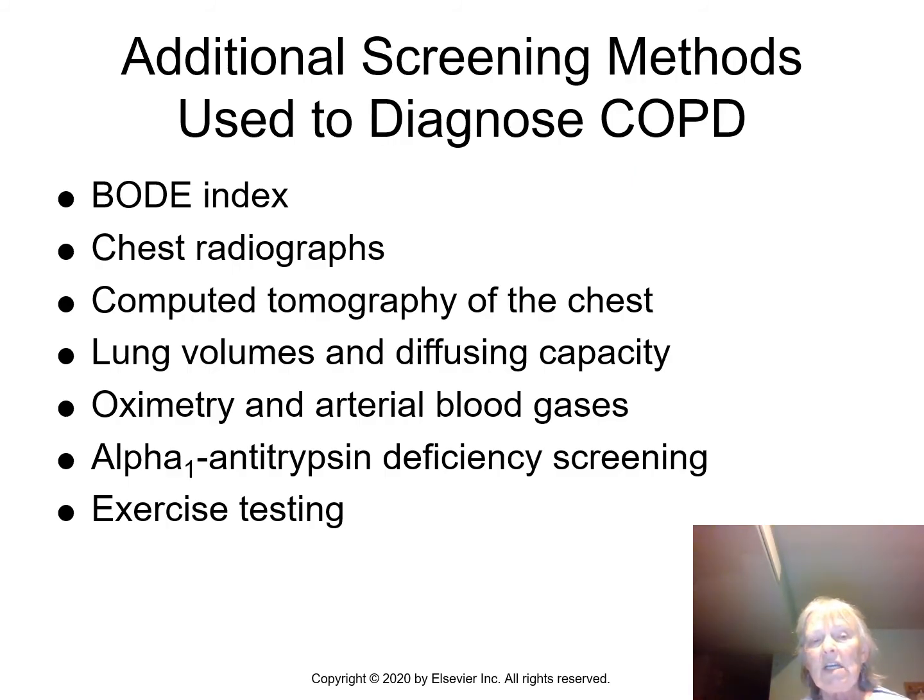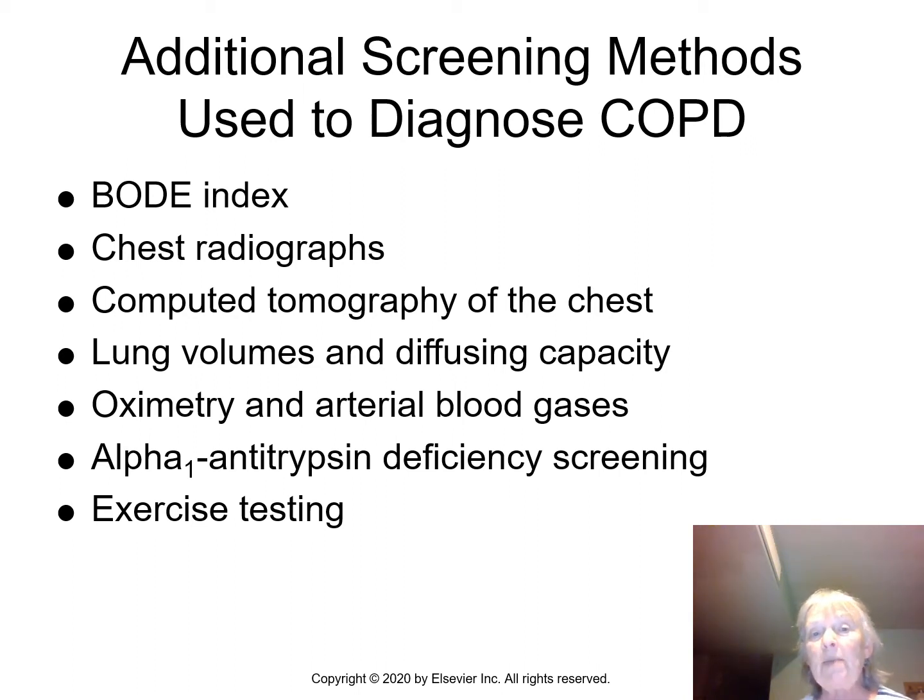The BODE index is kind of interesting. This has been around for a while. This index isn't used to prescribe treatment. This index actually tells us a little bit about your mortality. It's really been evaluated and it's been compared to some of the pulmonary function tests and things along that line, and it's really a fairly accurate indicator, okay? So basically it looks at four things.